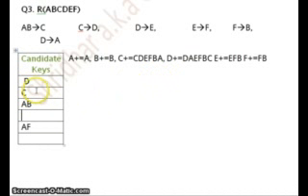I had already searched for D on the RHS, C on the RHS, A, and B. Now what is left? F is left. I search for F on the RHS and here I find F. What my rule says is that I can replace F by E. So it becomes AE.